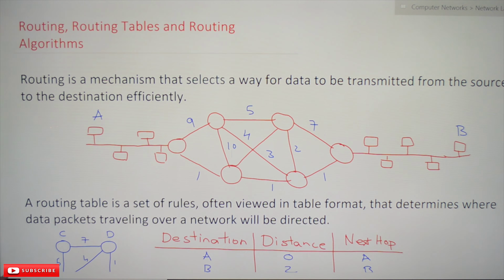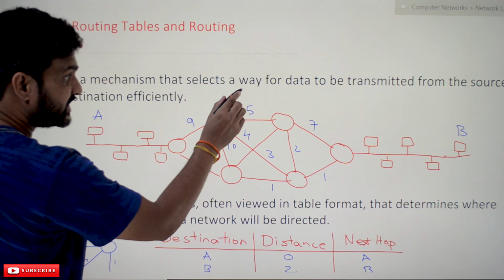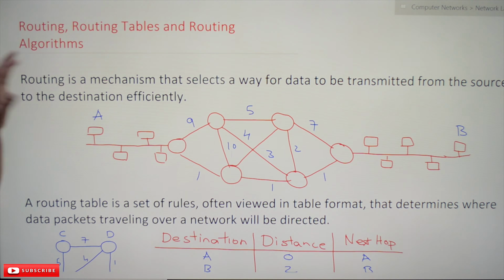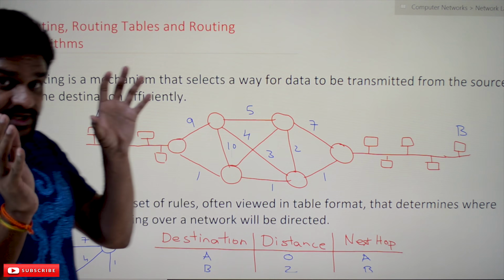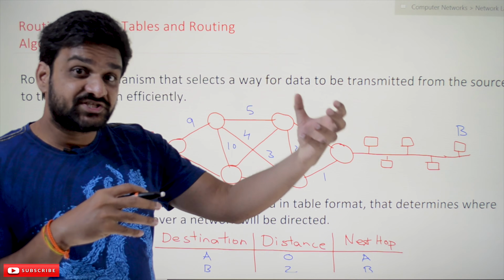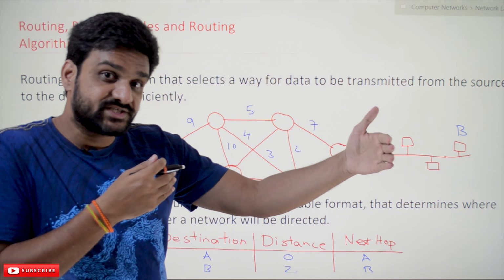First, we are going to start with routing. What is meant by routing? Routing is a mechanism that selects a way for data to be transmitted from source to destination efficiently. The definition states that routing is a mechanism by which we select a path between the source and destination.